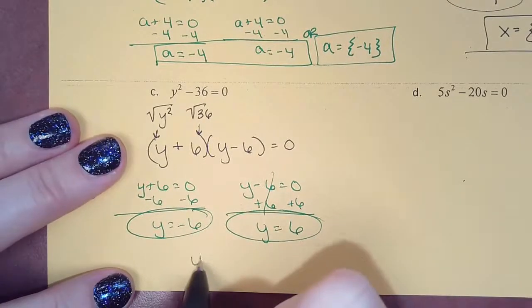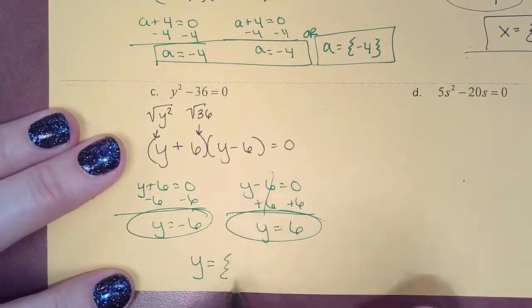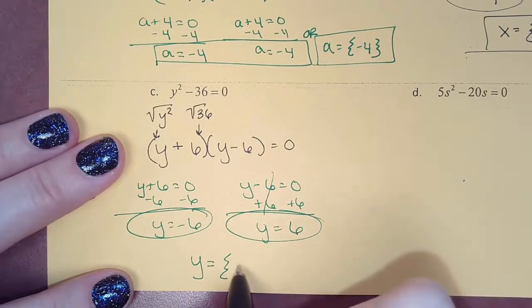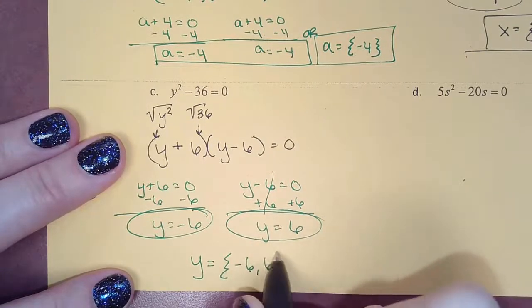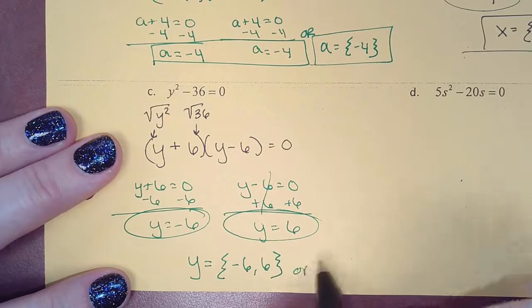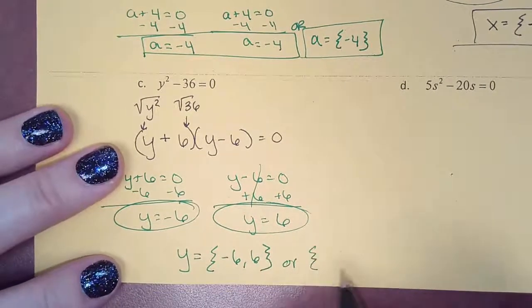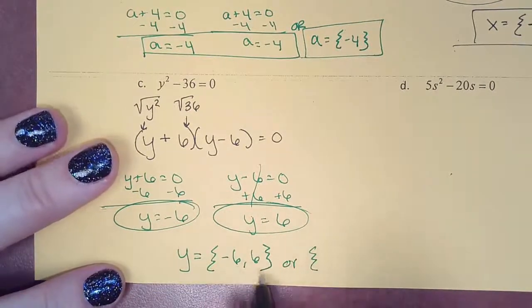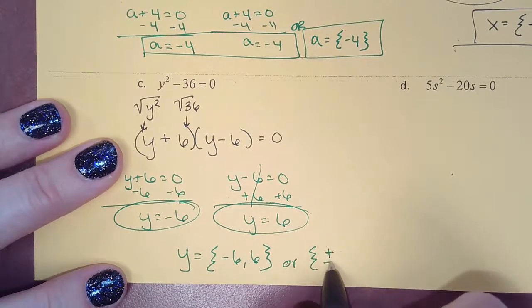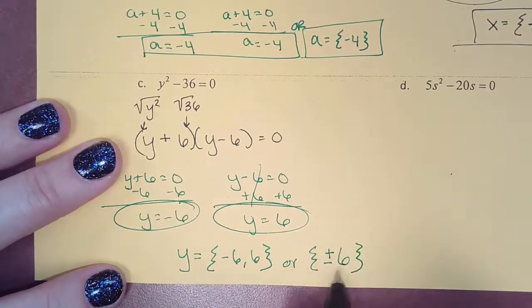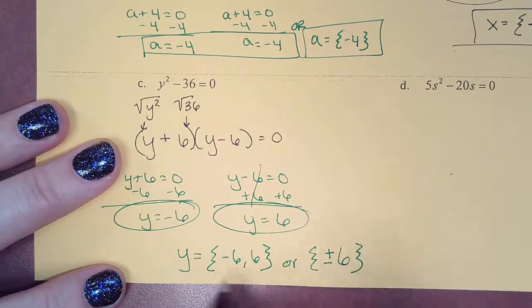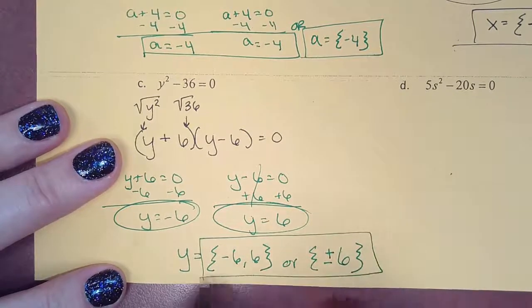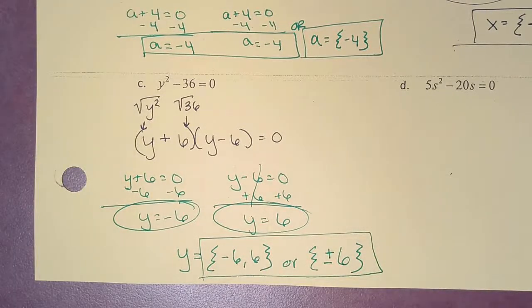Or you could write it as y equals, squiggly bracket, negative 6 comma 6. The other way to write it, this one is different again: because it's positive and negative 6, I can write plus or minus 6, because that means positive or negative 6. So we have 3 different ways we could write it.